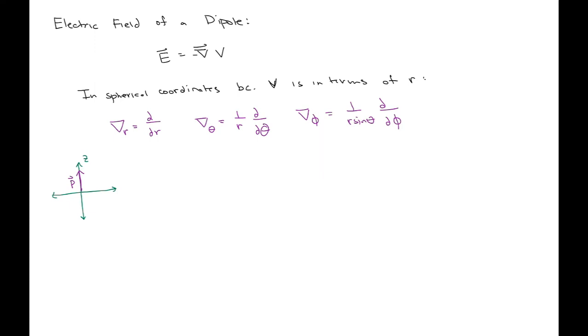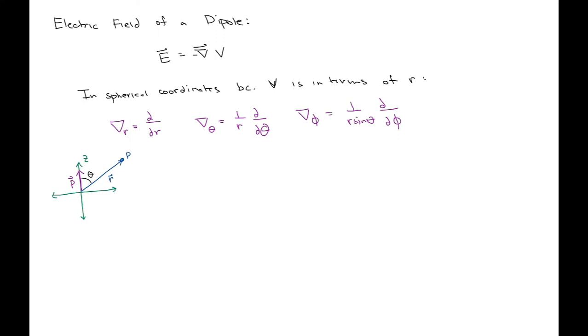Here's my point P up here where I'm trying to evaluate the potential. So here's my r vector. And in this case, they're separated by some angle theta. And notice this angle theta, which is measured from our positive z-axis, is the same as the theta that we use when we're defining spherical coordinates.